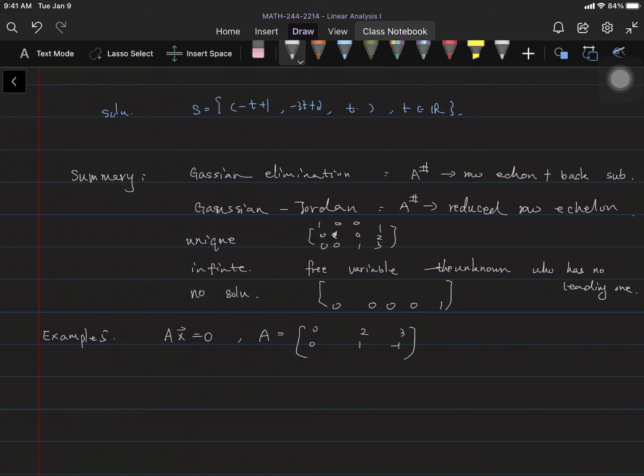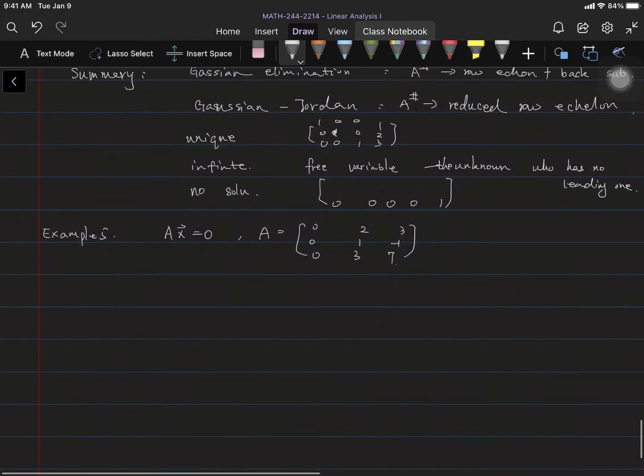Homogeneous linear system. Okay, so same thing, we can write down the augmented matrix. But for the augmented matrix, we just add 0 in the last column, because all the constants are 0. So let's write down this.